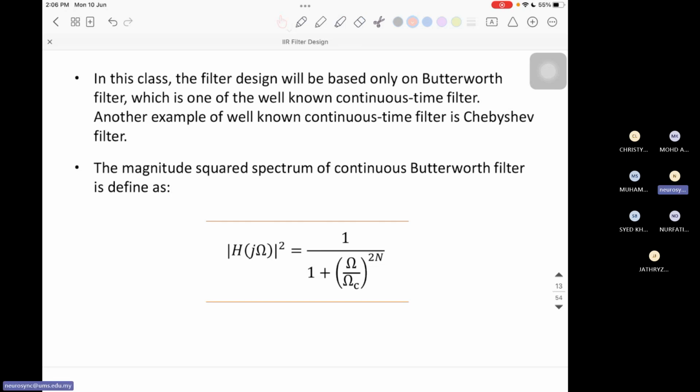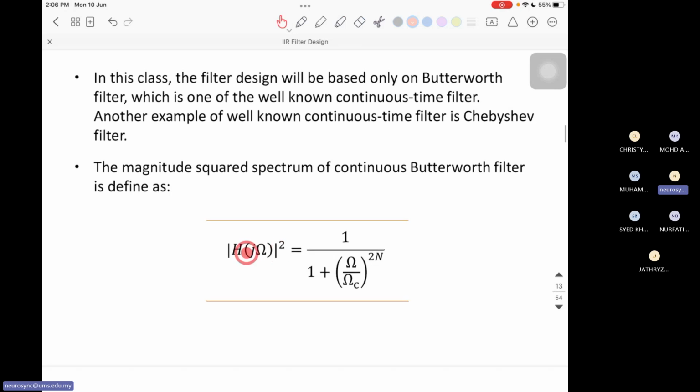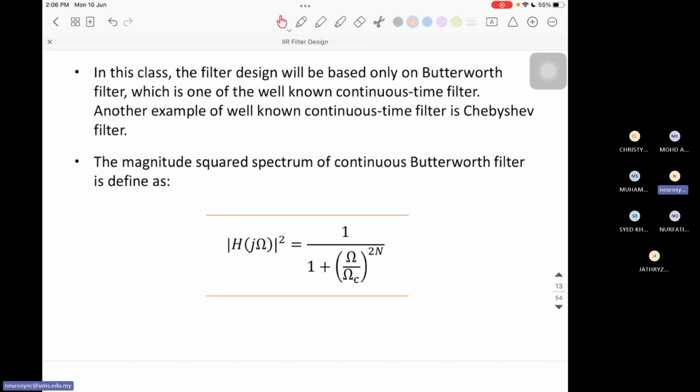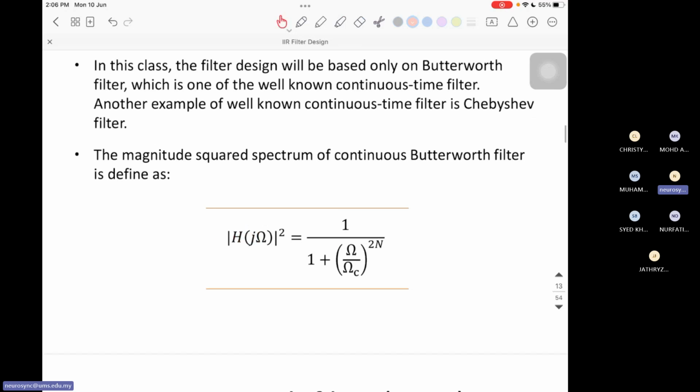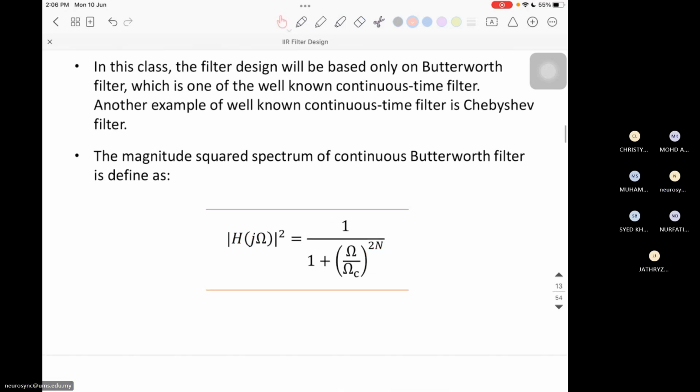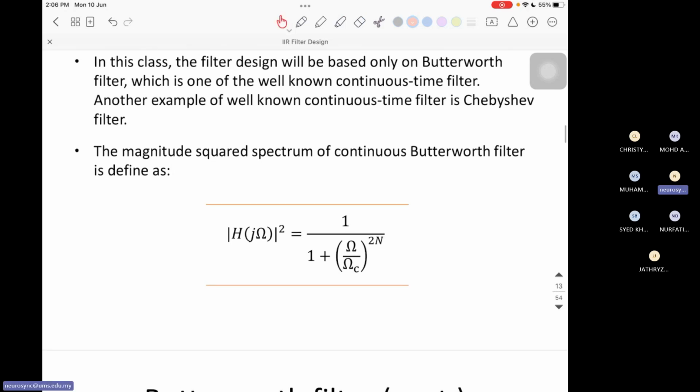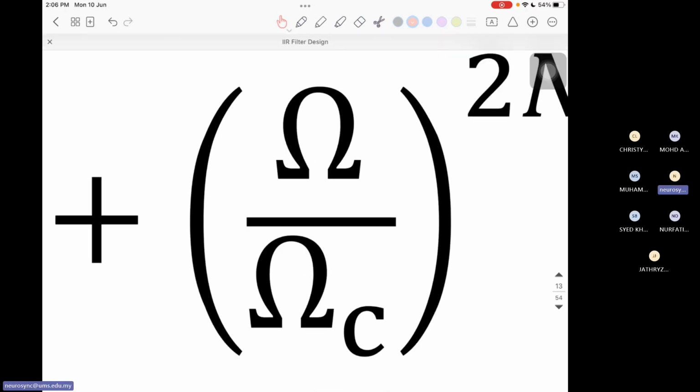Now, if you see the magnitude spectrum of this continuous Butterworth filter, the magnitude spectrum is defined like this. The squared magnitude spectrum is equal to 1 divided by 1 plus omega by omega c.